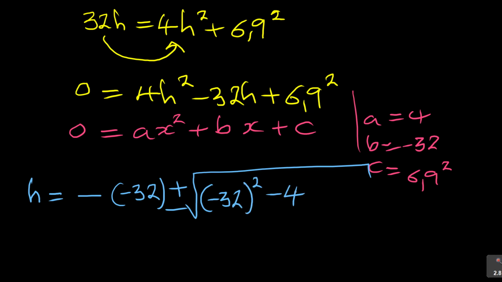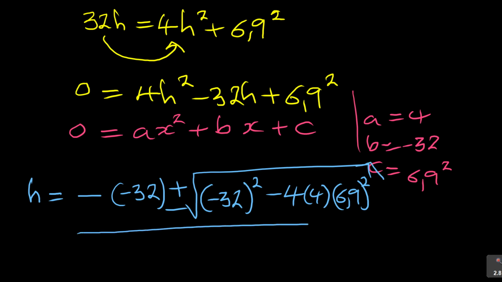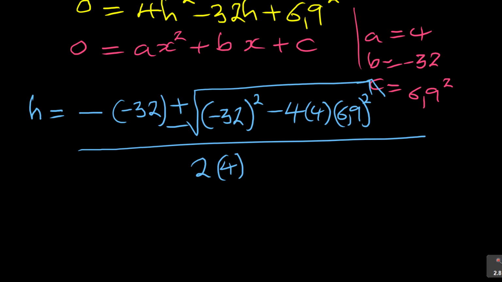My a is 4. My c is 6,9 squared. Please don't forget that. Everything is inside that. Then all over 2 times my a, which is 4.